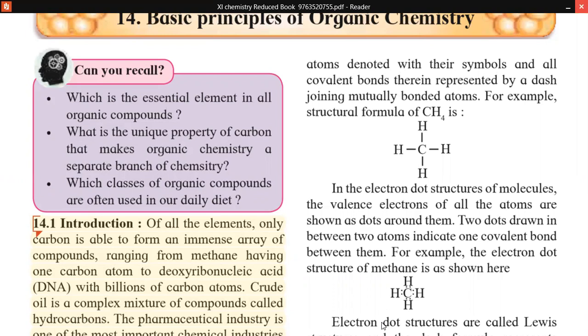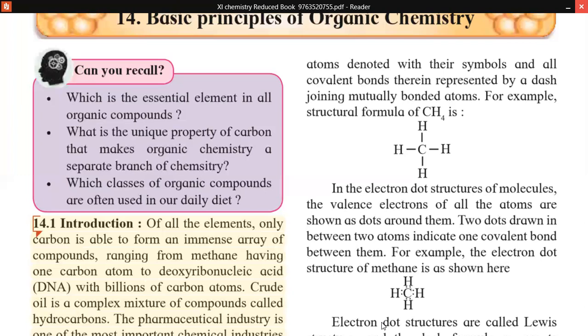Physical chemistry consists of different laws and principles, and the applications based on them. This portion is included in physical chemistry.